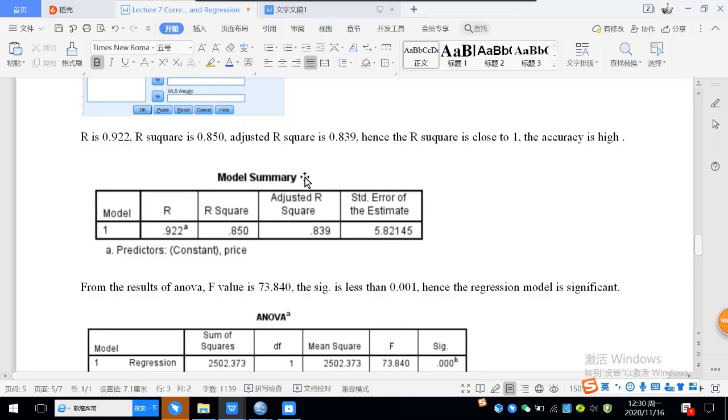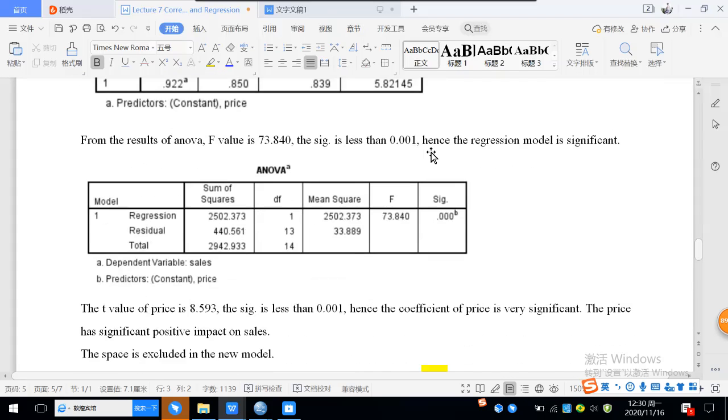Through here, the R square is still 0.850. So the accuracy of the model is high. Next, the Anova. From the Anova, the F value is 33.84. The significance is less than 0.001. Hence, the regression model is significant.